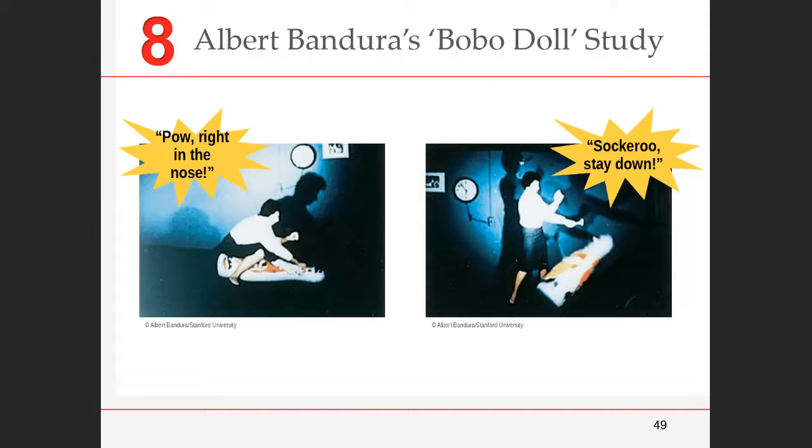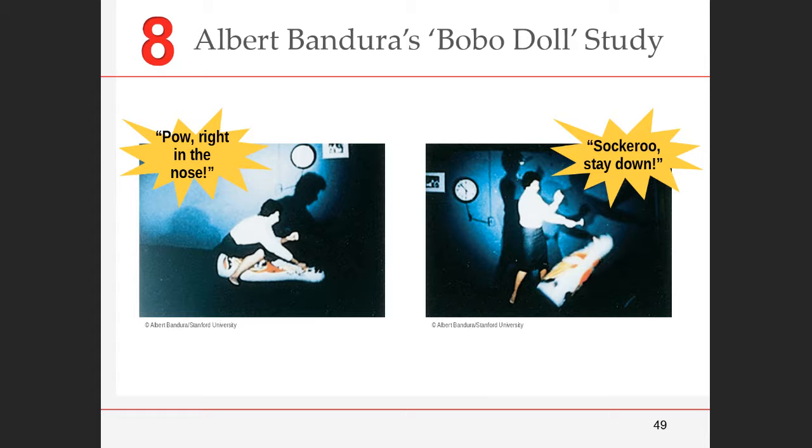So Albert Bandura's famous Bobo doll study, he actually had an experimental group of children who watched a woman model on a film beat up Bobo, one of those clown blow-up toys that if you knock it down, it comes back up again. And she would say things like, "Pow," right in the nose, and "Suckaroo," stay down.